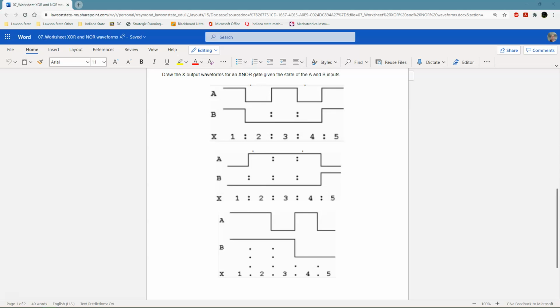For this particular one, you dip it whenever there's a difference in signals. Does it make sense? Yes, ma'am. Okay.